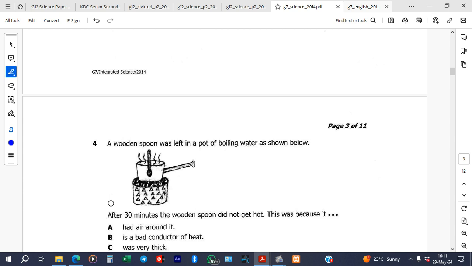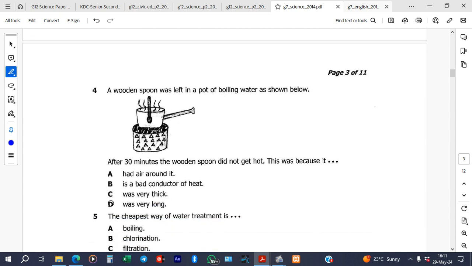If you leave a steel spoon in a pot, it gets hot because a steel spoon is a good conductor of heat. It allows heat to pass through it. So the reason this wooden spoon did not get hot is because a wooden spoon is a bad conductor of heat. So the answer here is B.